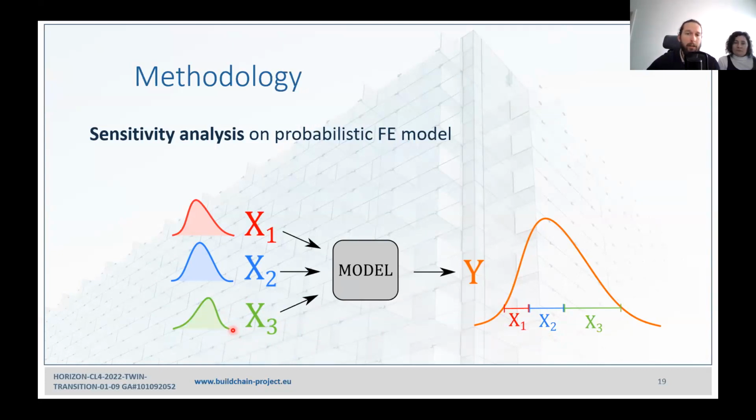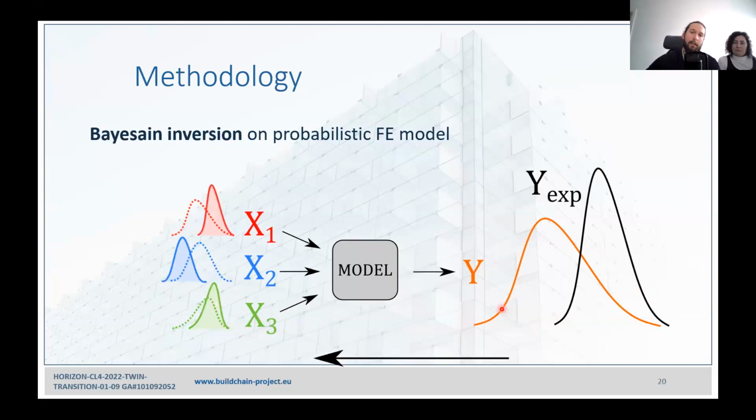So what we can do is not measure the inputs, but measure the output, the natural frequencies. And then in the process of model updating, and more specifically Bayesian inversion, we infer back from the experiments done on the output, on the natural frequencies, about the input parameters.